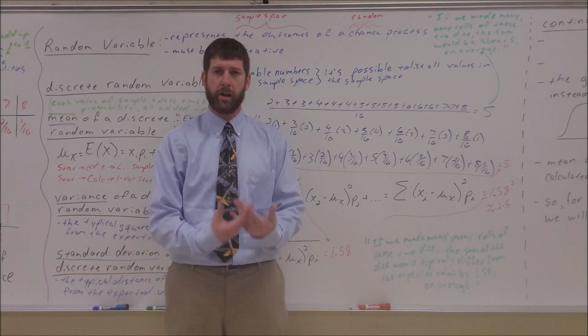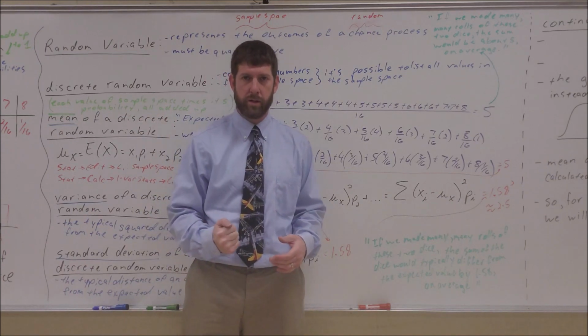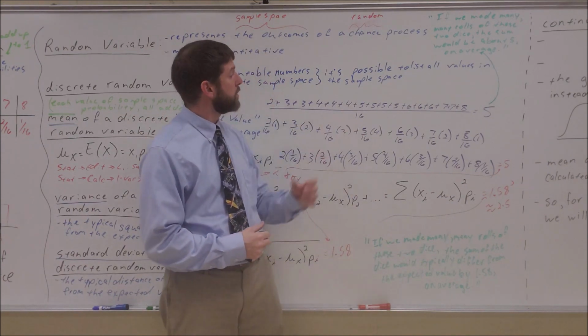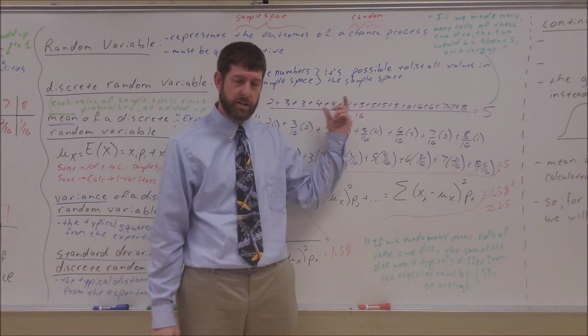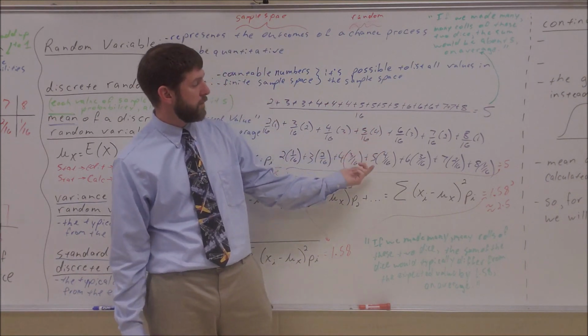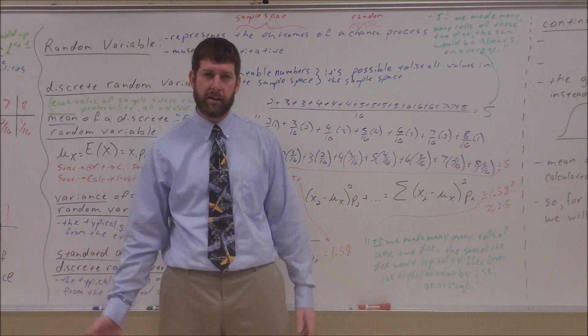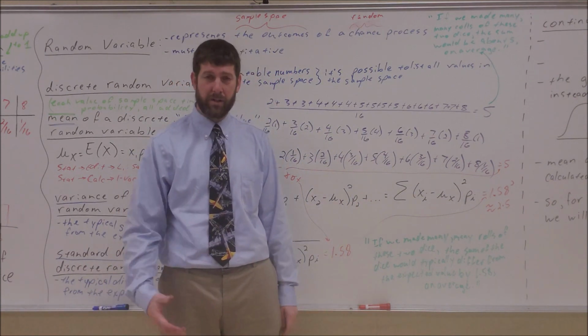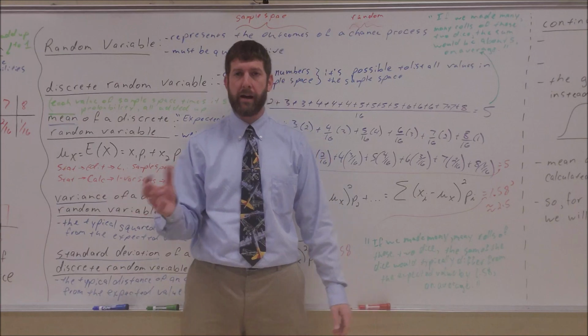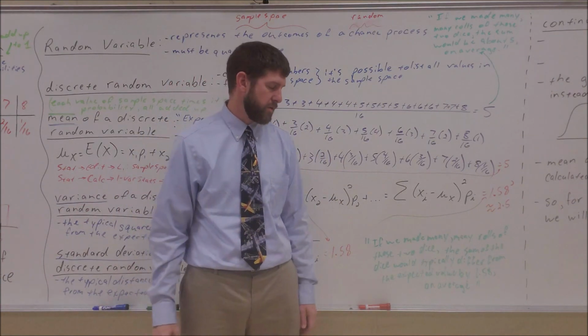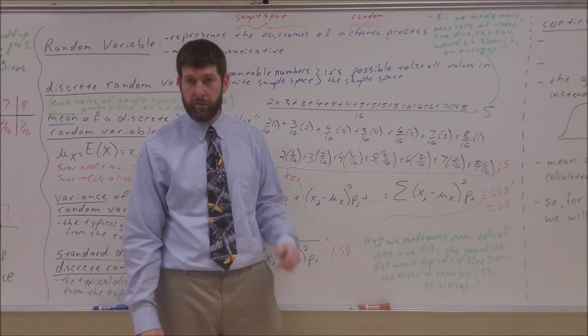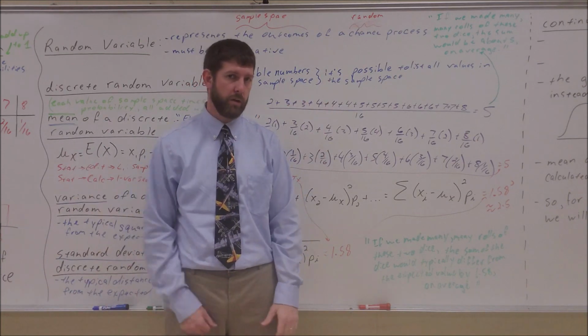That's how far on average a single roll is from actually producing a 5. We know 5 is the most probable outcome. We know it's the expected value, but you're not going to get that every time. And what this says is typically you're going to be about 1.5 points, or whatever you're measuring your sum in, off of that 5, so above or below on average.